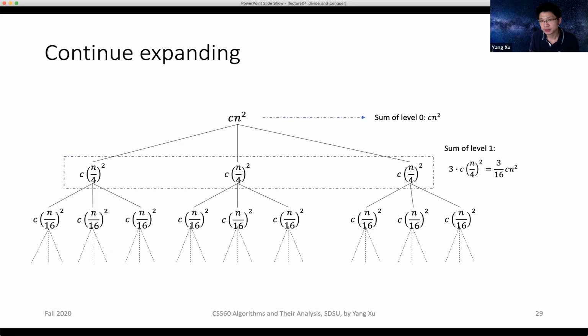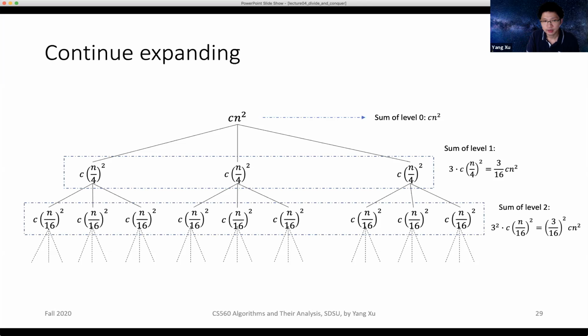So that is 3/16 times c times n squared, the summation for level 1. Then we look at level 2. There are 9 nodes, which is 3 to the power of 2, and each node is c times (n/16) squared. So in total, the summation of level 2 is in this form.